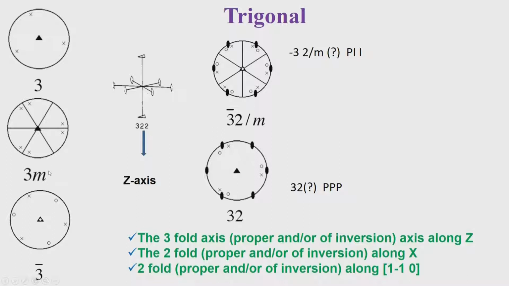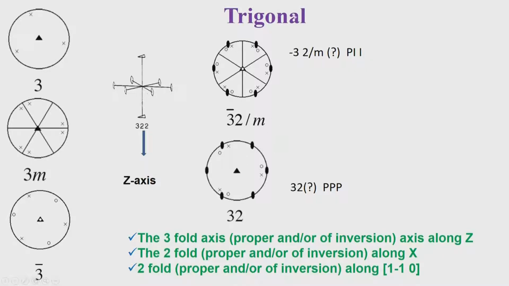So, obviously the third one will also be an improper axis, which is not represented generally, and 3 bar 2/m now represents the presence of 3 bar and then a 2/m, which is proper and improper simultaneously, and then the last one, which is 3 2.